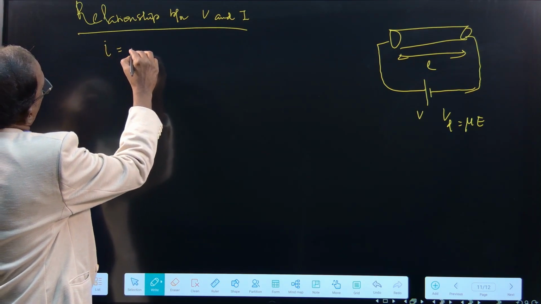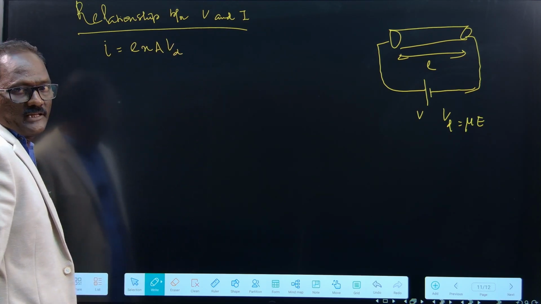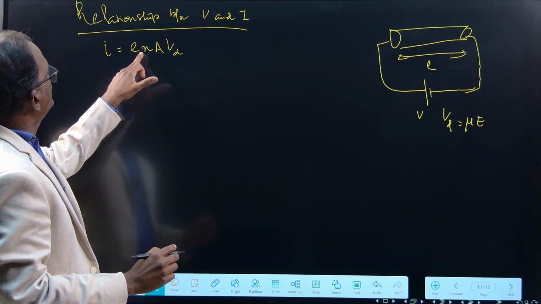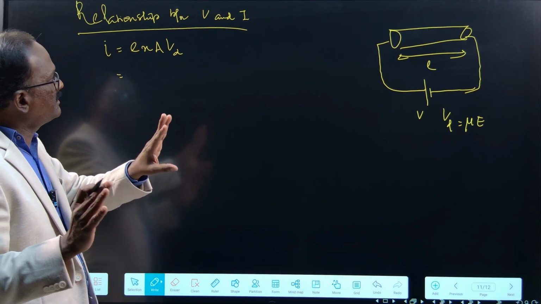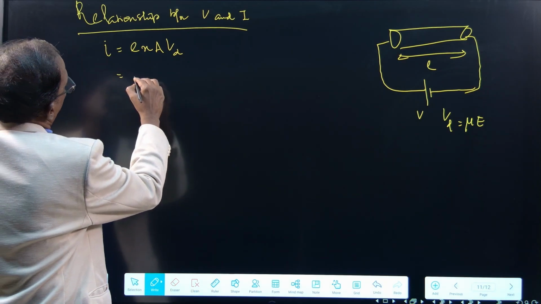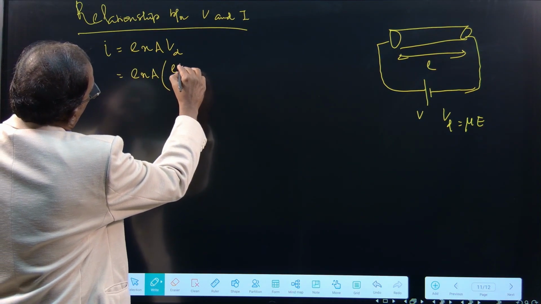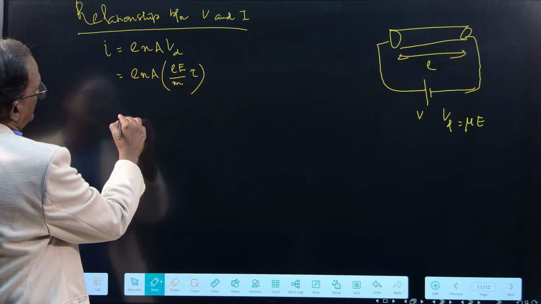I is equal to e N A Vd. So e I cannot change, N I cannot change, they are constant, and the area of cross section has no connection with V. The only thing is Vd. In e N A Vd, I can write Vd as e E by m, force by mass, times tau, right?